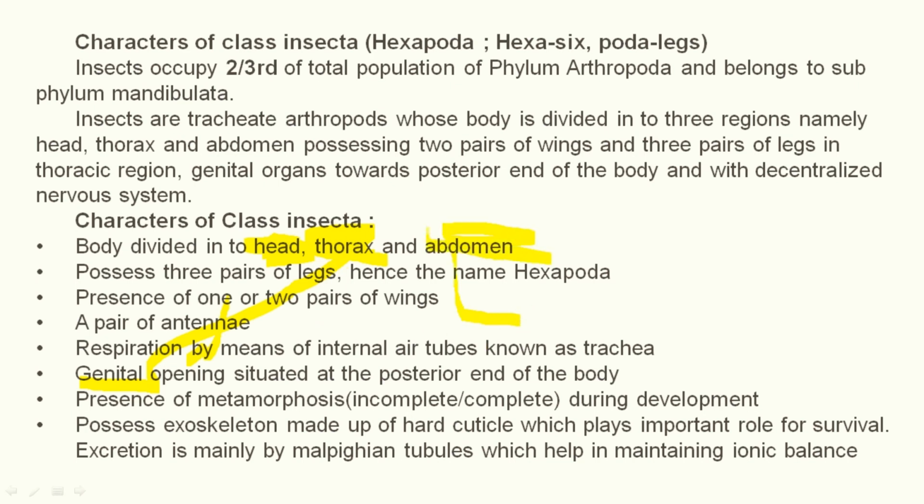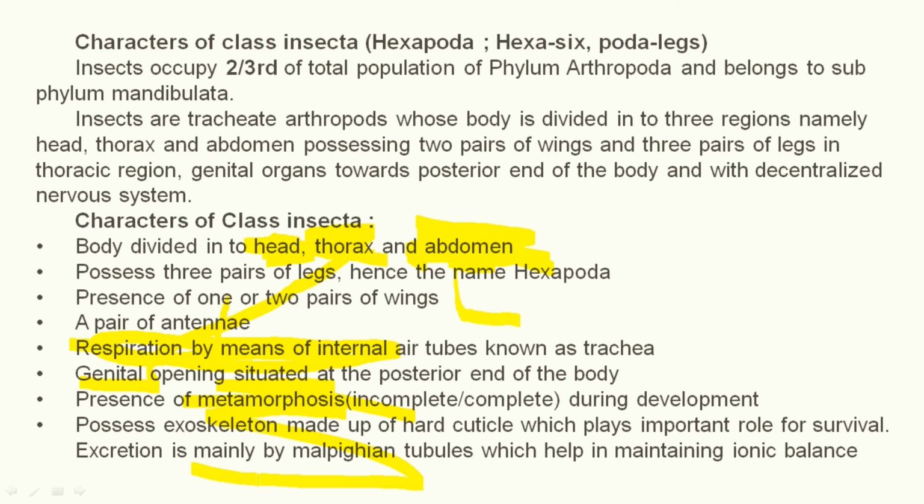The abdomen has genital organs present posteriorly and cerci. Then respiration through the tracheal system, circulation through the open circulatory system. Then metamorphosis is there: egg, larva, pupa, adult. The larva molts, undergoes ecdysis. Different instars will be there.